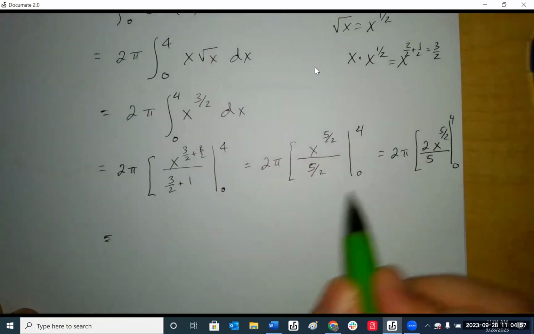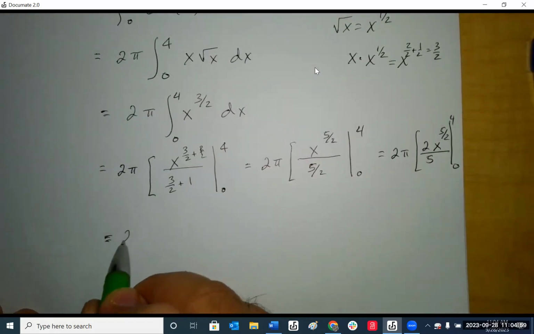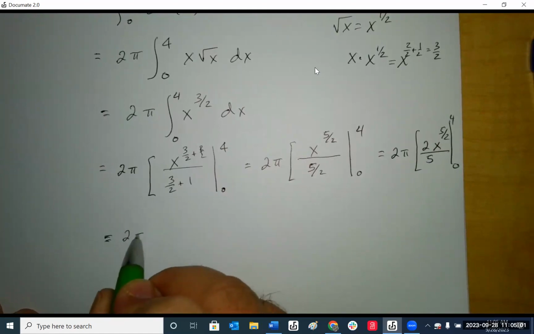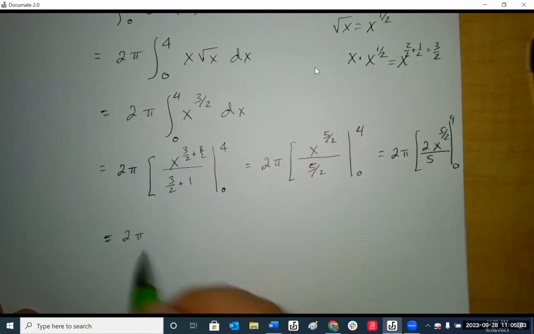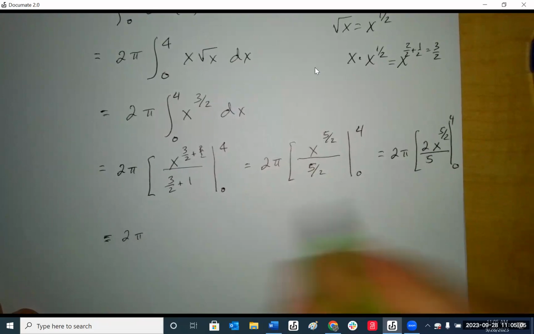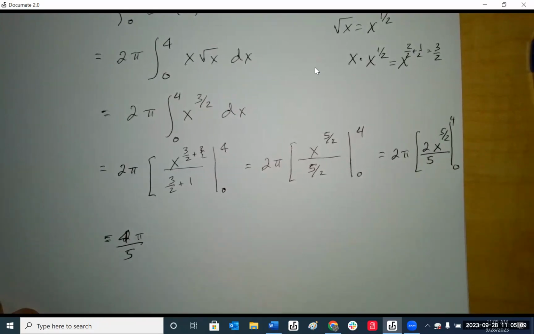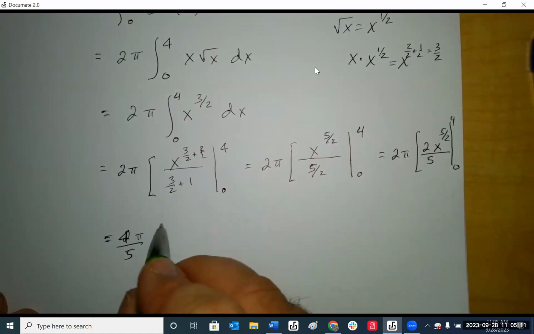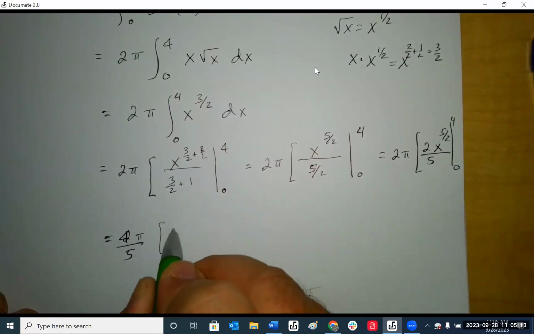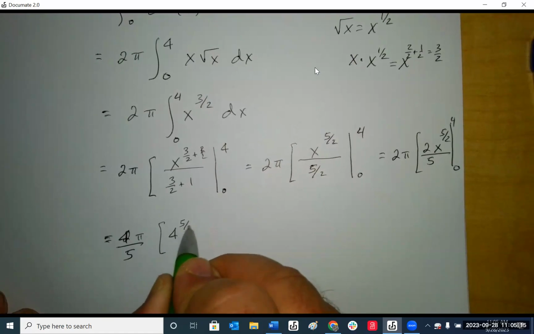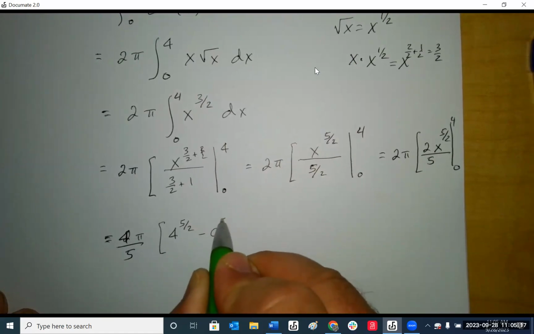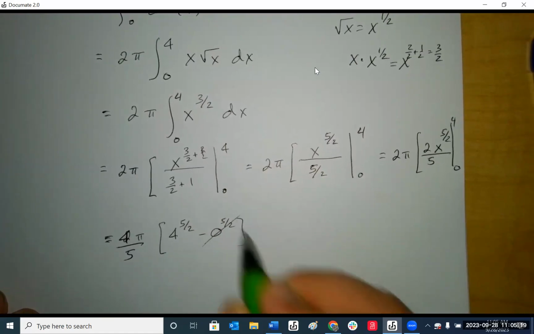Fraction over fraction, flip the bottom. The 2/5 can come outside, so 2 times 2 is 4 over 5 pi. So we have 4 to the power 5/2 minus 0 to the power 5/2. That one's 0.